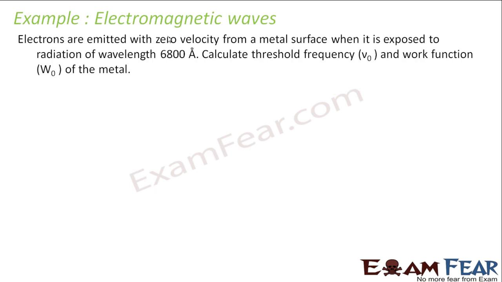Electrons are emitted with zero velocity from a metal surface, that is, kinetic energy is zero, when it is exposed to radiation of wavelength 6800 angstrom. Find the threshold frequency and the work function of the metal. So if you see, this is a metal, this is my radiation, there is no kinetic energy.